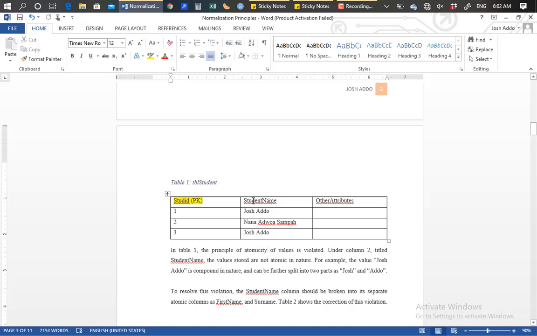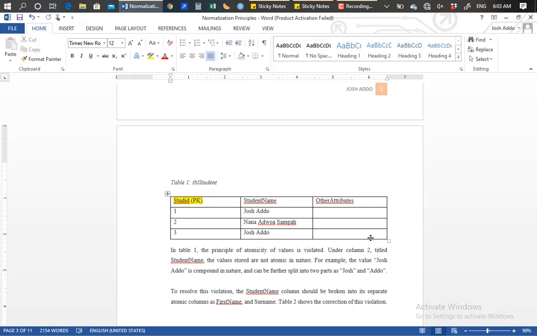If the table is just these columns, then see what is happening. We have Josh Ado, let's say date of birth, hometown, and then the third entry was also Josh Ado with the same date of birth and hometown. And we have explained the challenge when the data is kept like that.